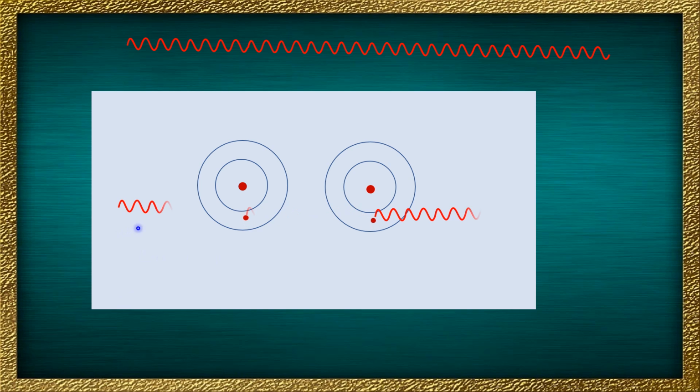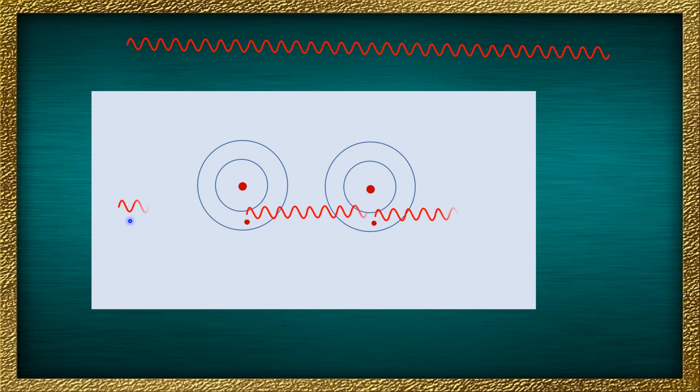Here the thing is that the vibrating electrons are re-emitting the same frequency of light. Why? Because the frequency of the incident light does not match with the frequency of the vibrating electron. Then the atom will re-emit the same frequency of light, isn't it?